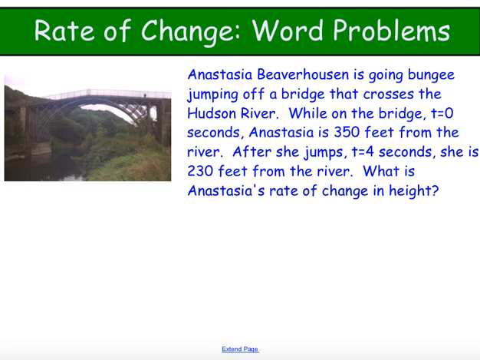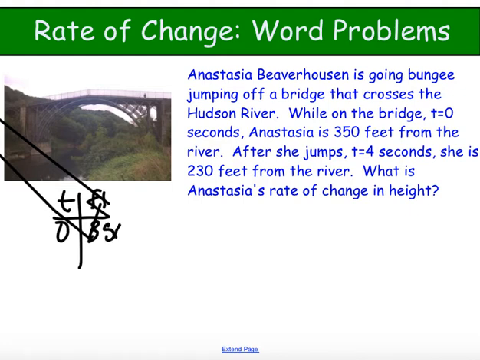Anastasia is going bungee jumping, and at t equals 0 seconds, she is 350 feet from the river. After 4 seconds, she's now only 230 feet from the river. What is the rate of change?